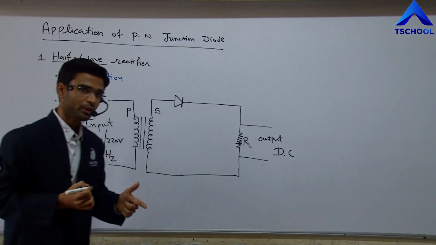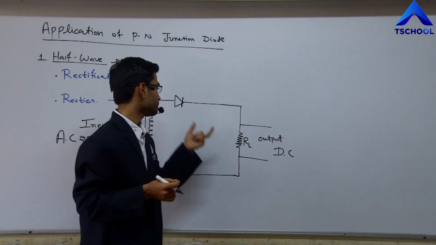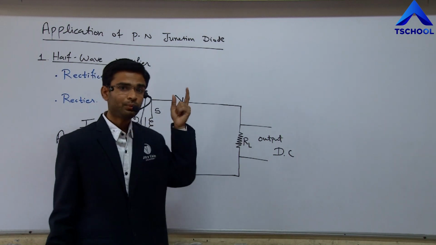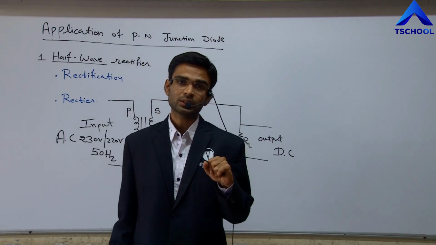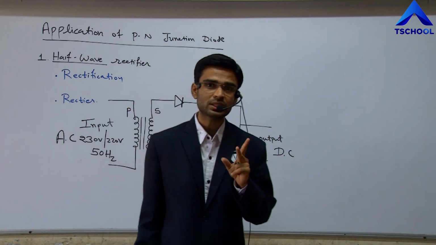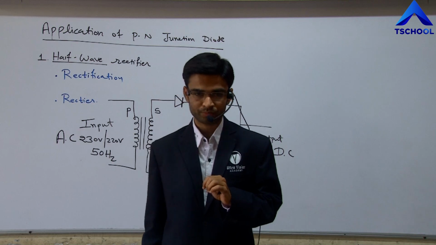In the half wave rectifier we use only one PN junction diode, in the full wave rectifier we use 2 PN junction diodes, and in the bridge rectifier we use 4 PN junction diodes.